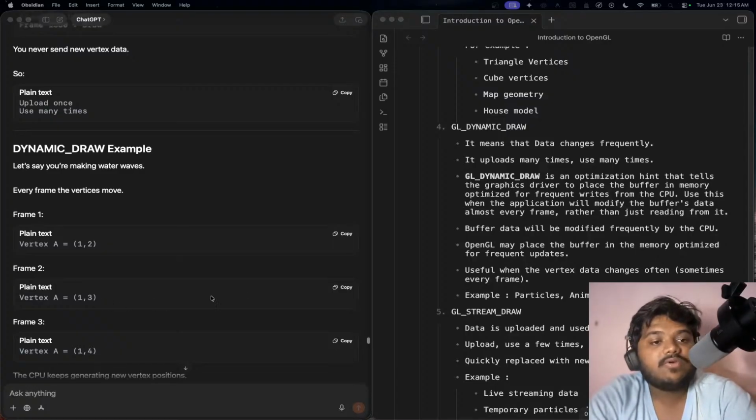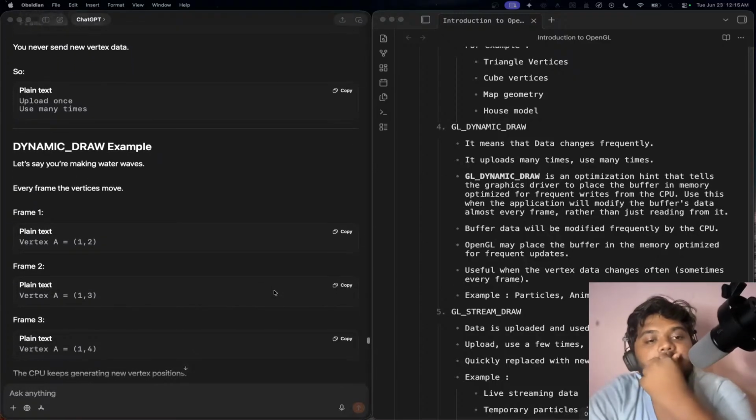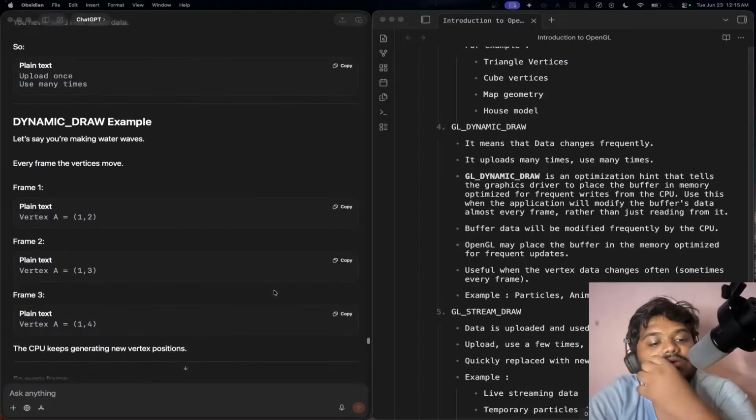All right, let's focus. Let's say you are making water waves, and every frame the vertex moves. So vertex a equals 1 comma 2, then 1 comma 3, then 1 comma 4.